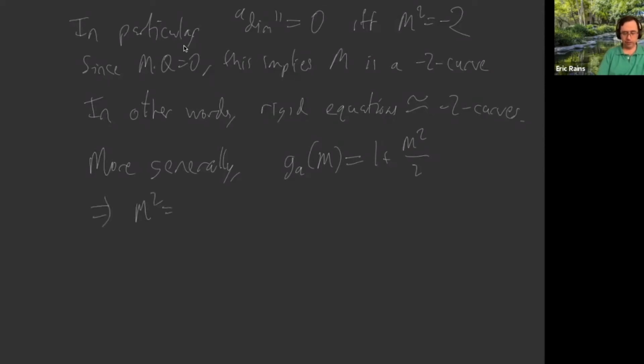And therefore, in particular, M squared is even. And, well, the dimension is 2 plus, sorry, is twice the genus.